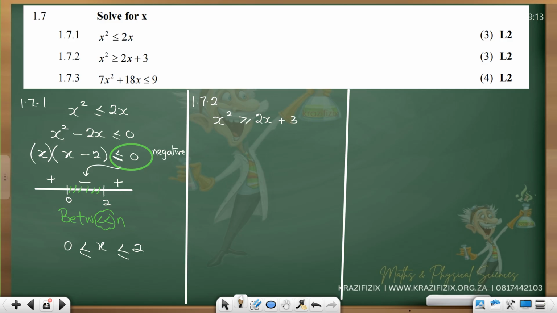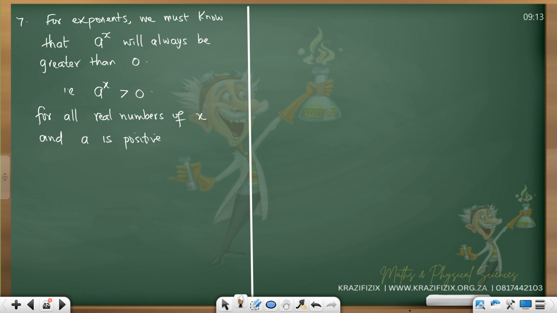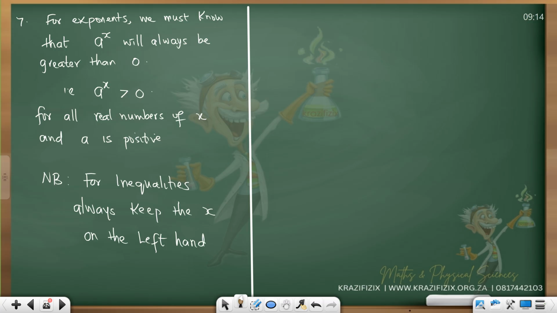But make sure x. Let's make that point. Make sure to interpret. Very, very important to interpret.